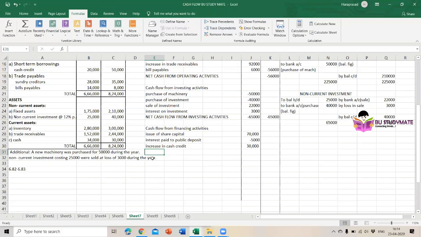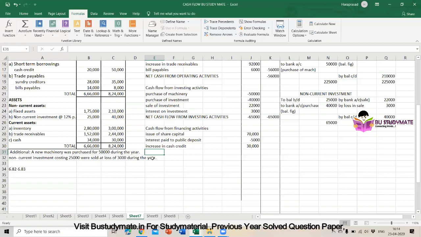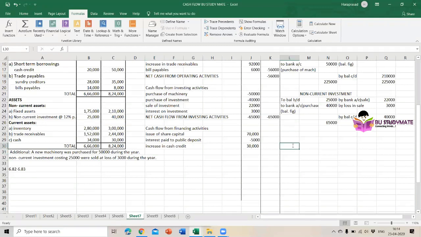Here in the public deposit, we have to assume that new public deposit amounting to 25,000 has been accepted at the end of the accounting year.